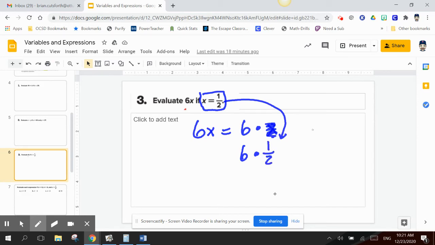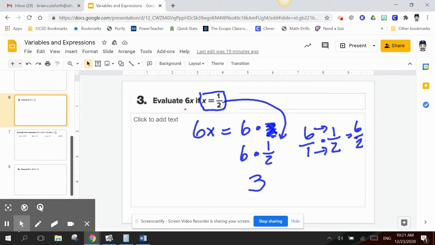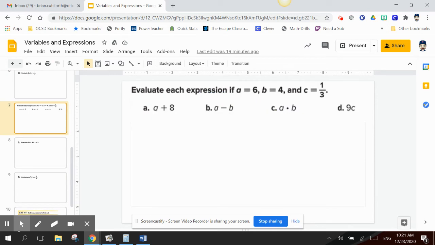So when I multiply 6/1 times 1/2, 6 times 1 is 6, 1 times 2 is 2, and 6 divided by 2 is 3. So there are many steps to do these different problems. You have to take it one step at a time.